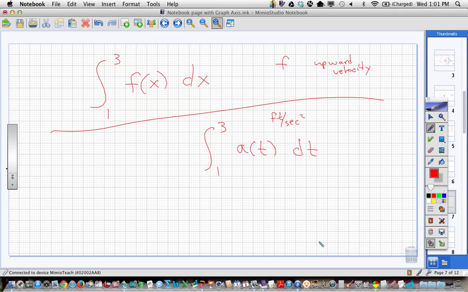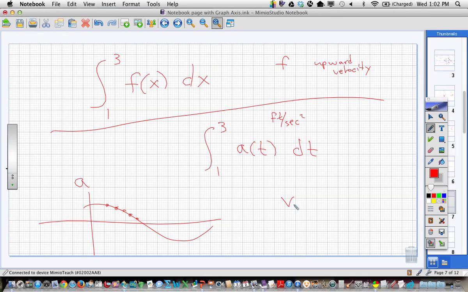If the integral of this is negative, then that's not going to mean speed up or slow down. What would be the quick easiest way? Let's do an A graph right here. Okay, so let's say you had an A graph like this. Right here the acceleration is positive.